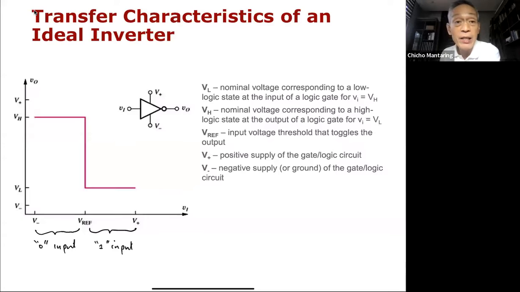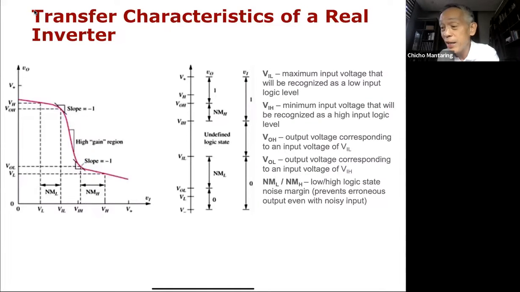So this is the transfer characteristic of an ideal inverter. Unfortunately, we do not live in an ideal world. And this is how a real inverter's transfer characteristic will look like. I don't know if you will recognize this, but this is actually the transfer characteristic of a MOS transistor amplifier, or a BJT amplifier.